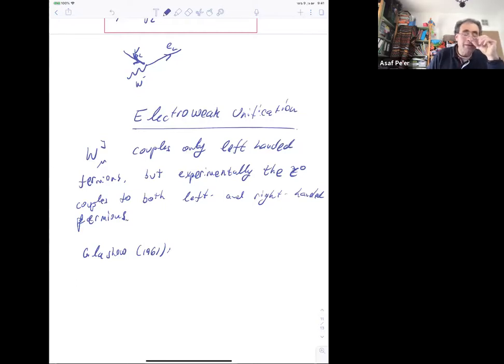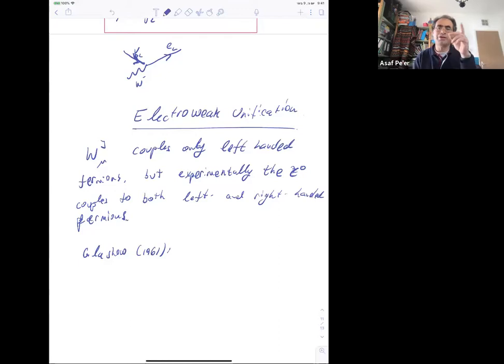So basically it's saying, look, maybe the Z and the A, these two mediators of the neutral interaction, are actually formed themselves by some linear combination that mixes the gauge bosons of the two gauge theories. So the Z is not the W3, there is a W3, and then there is another gauge boson, which we did not discuss.